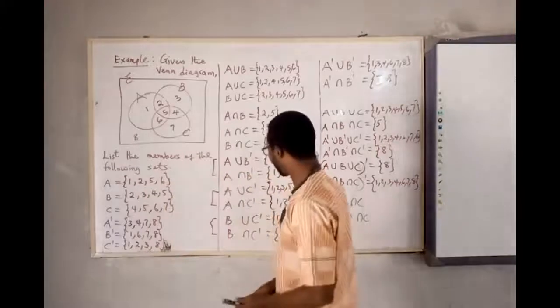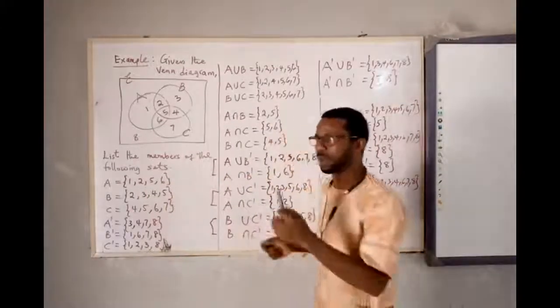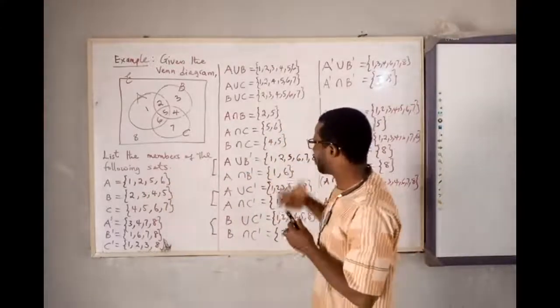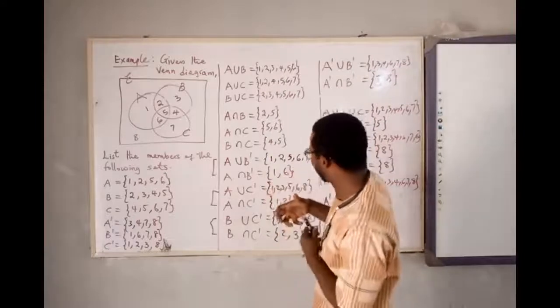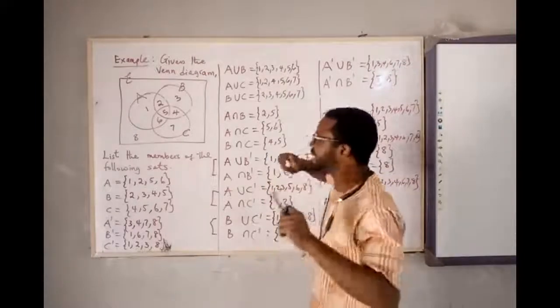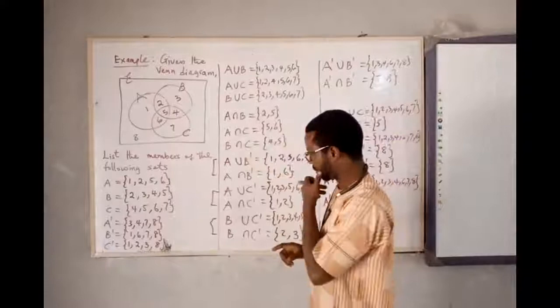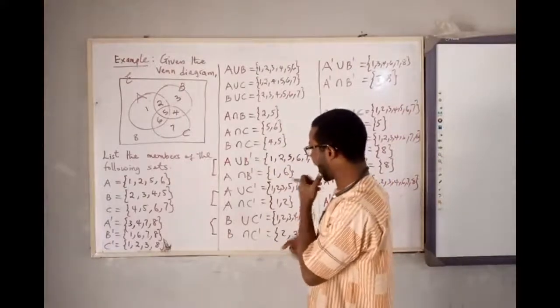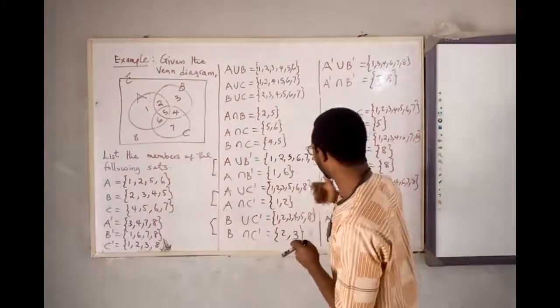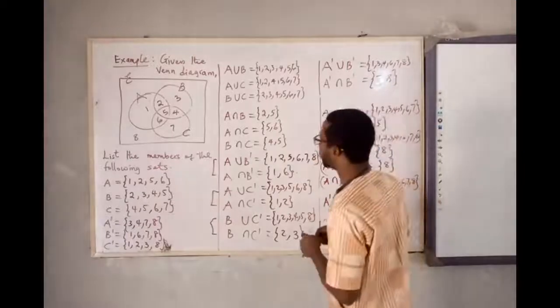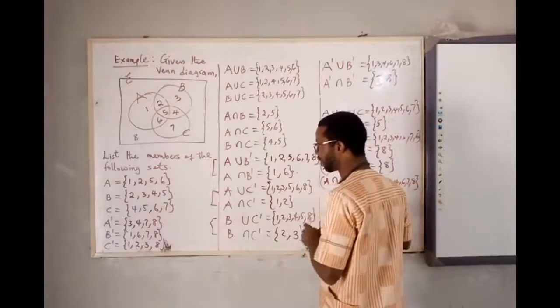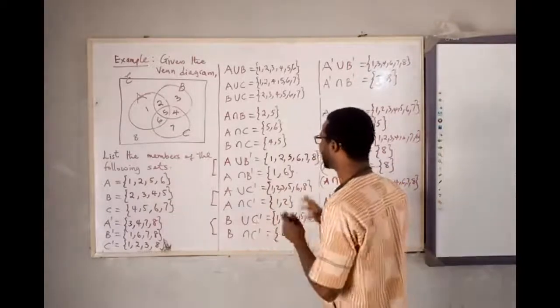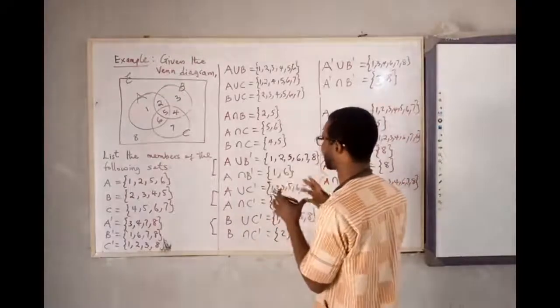But whenever they start to prime or find the complement of a set and they include another set into it, when you are dealing with it, you consider the universal set. So when you are dealing with it and they also have intersection, you only deal with those 2 items.